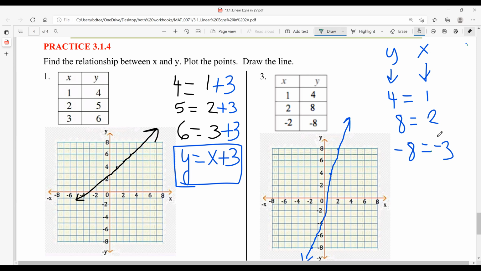Excuse me, I'm sorry, this should be negative 2, not negative 3. Sometimes you just have to look at it and study it.